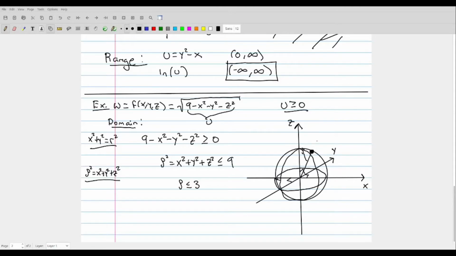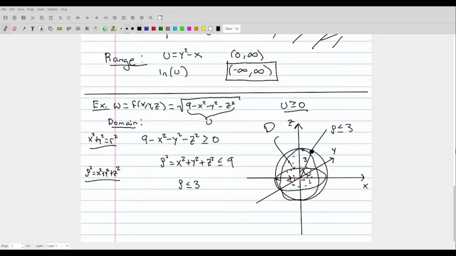So all points in 3D where rho, the radius, is less than or equal to 3, so this is a sphere of radius 3, say. All of the points inside the sphere of radius 3 are included in the domain of this function. That is exactly what the domain of this function is, because it's all points that satisfy this thing, the thing under the square root is greater than or equal to 0.